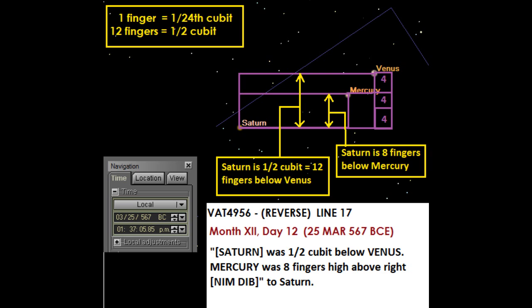So 1 finger is 1/24 of a cubit. 12 fingers is a half a cubit. We can see Saturn is 1/2 cubit below Venus, and it's 8 fingers below Mercury. So the correct translation should be Saturn is 1/2 cubit below Venus. Mercury was 8 fingers high above right, which is nim-dib, to Saturn.